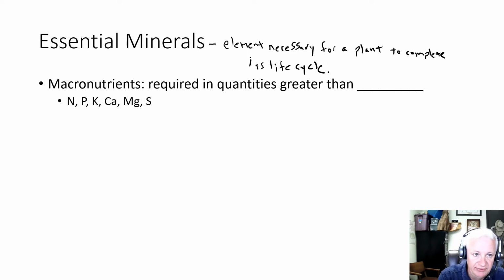So they tend to be required in the plant in concentrations greater than 1,000 parts per million, which is equivalent to 0.1%. Okay, so that number, parts per million or percentage, that's a concentration in plant tissues.